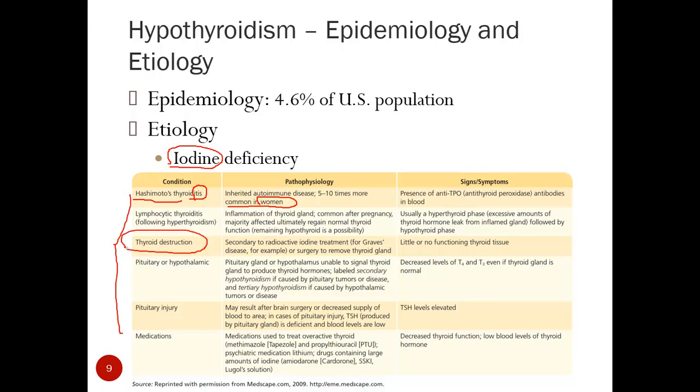Sometimes the patient's thyroid is destroyed, either by surgery, where we could take it out, for example, in thyroid cancer. If that's the case, we want to take it out. Or in certain thyroid cancer or hyperthyroidism, we will use radiation therapy. That could destroy the target tissue and lead to hypothyroidism as well.